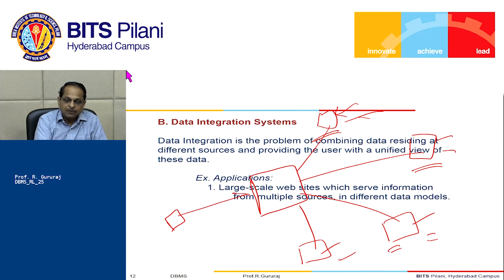For the end user, it is only one single format and one single location. That is, location transparency and format or modeling transparency are there, and the end user will think that data is available at only one location in only one format.